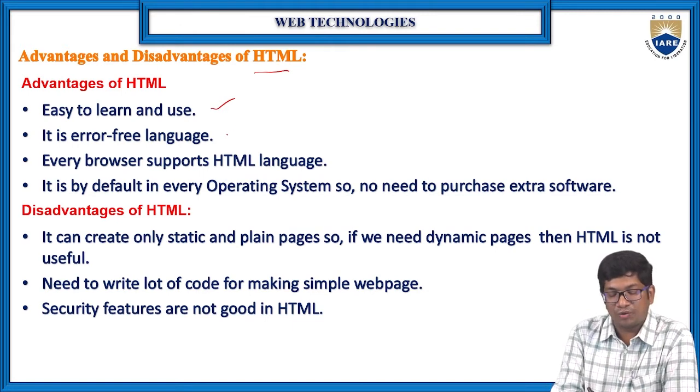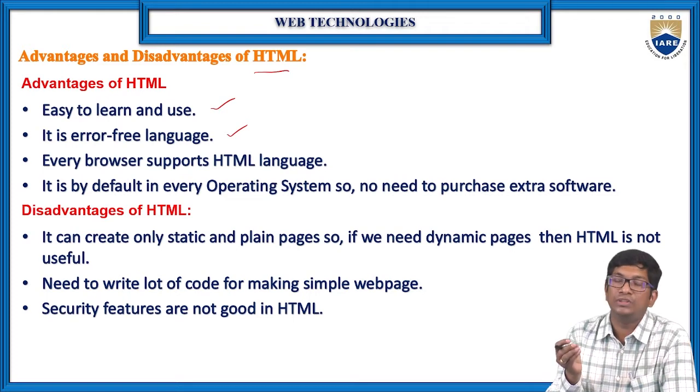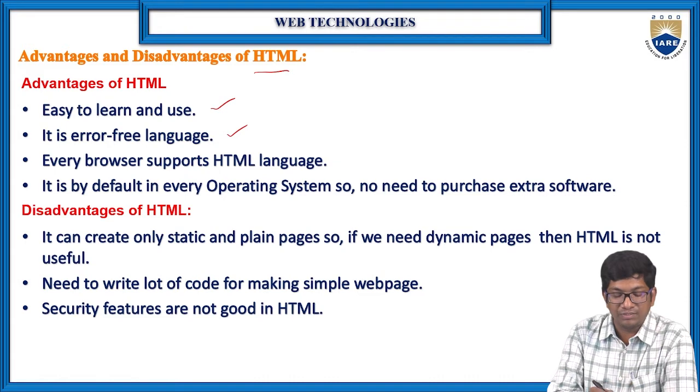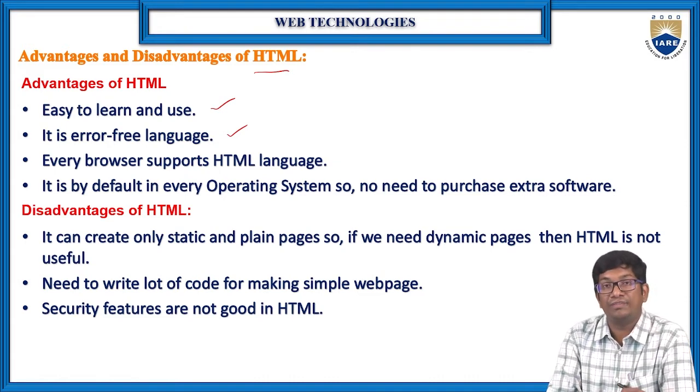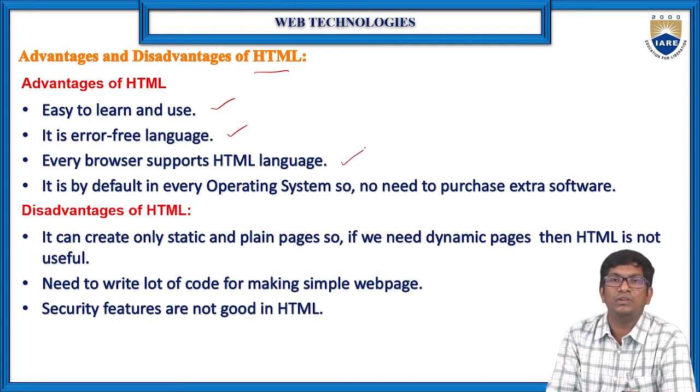It is an error-free language. If you have written something wrong, the text is still displayed in the web page. That is why we call it an error-free language. Every browser supports the HTML language. We have many browsers, like Chrome, Mozilla, Opera, Internet Explorer.